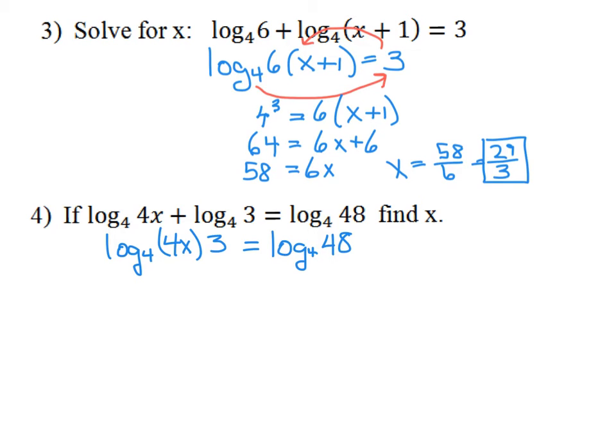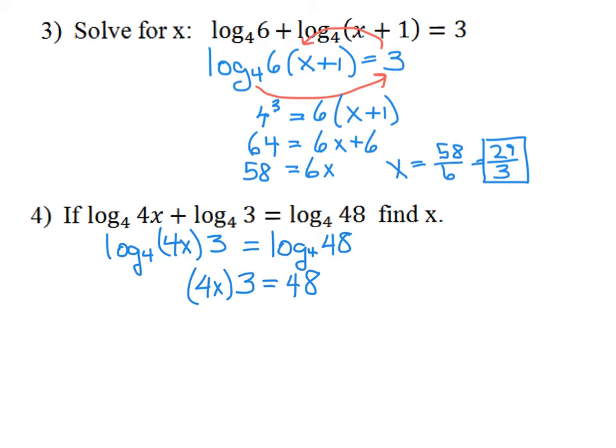So now what I'm going to do is say if the log of 4x times 3 is equal to the log of 48, that must mean that the arguments have to equal each other. So 4x times 3 must equal 48. In essence, I'm dropping the logs because I already have a log on both sides of the equation.